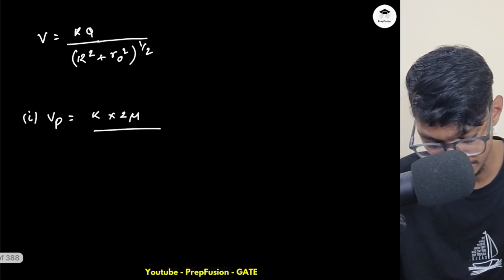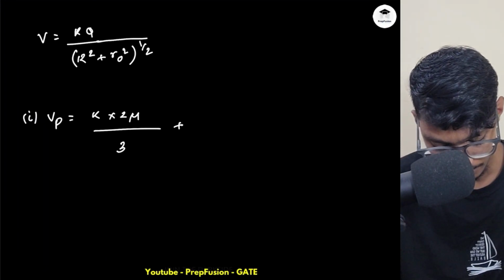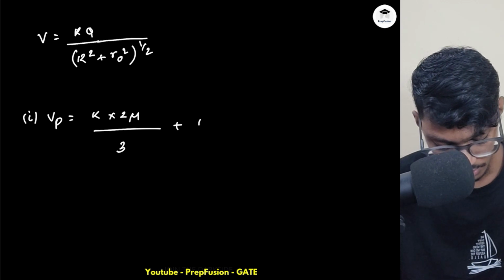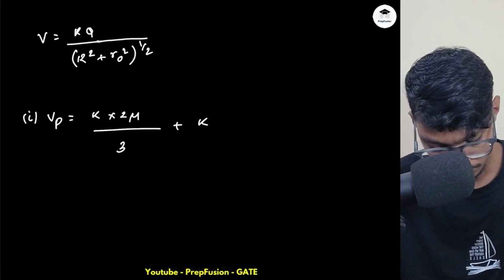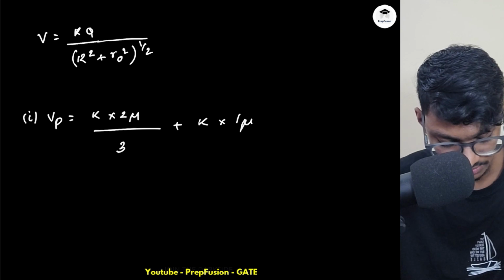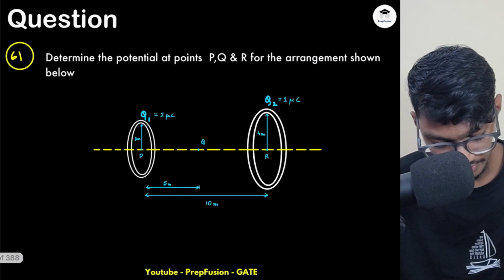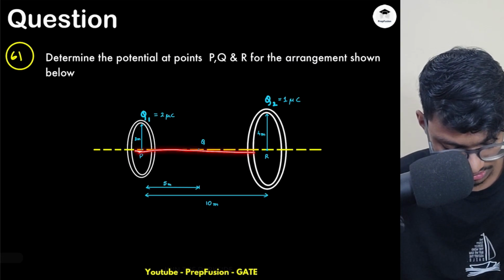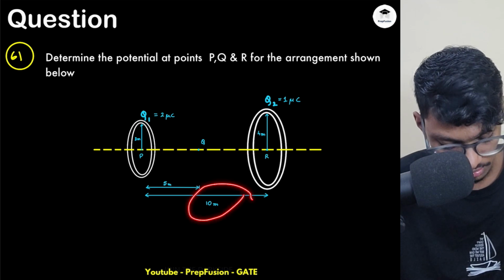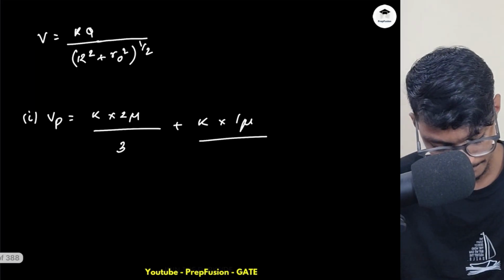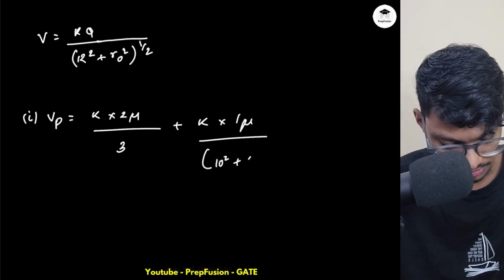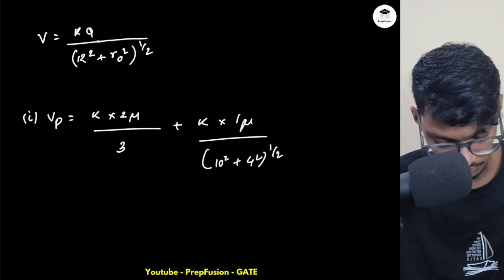So it will be simply 3, plus K, and due to this ring, that is 1 micro, sign doesn't matter here, divided by the distance. This distance is 10 and this distance is 4. So overall the distance will be under root of 10 square plus 4 square.